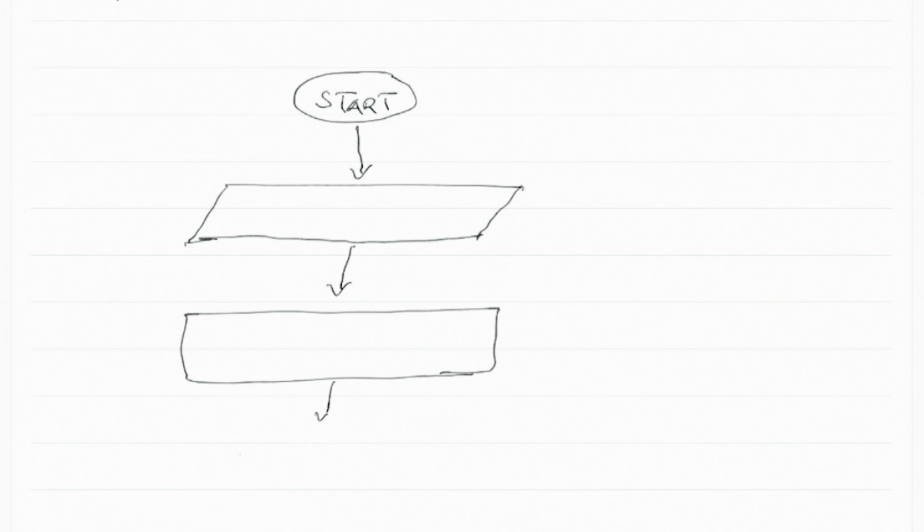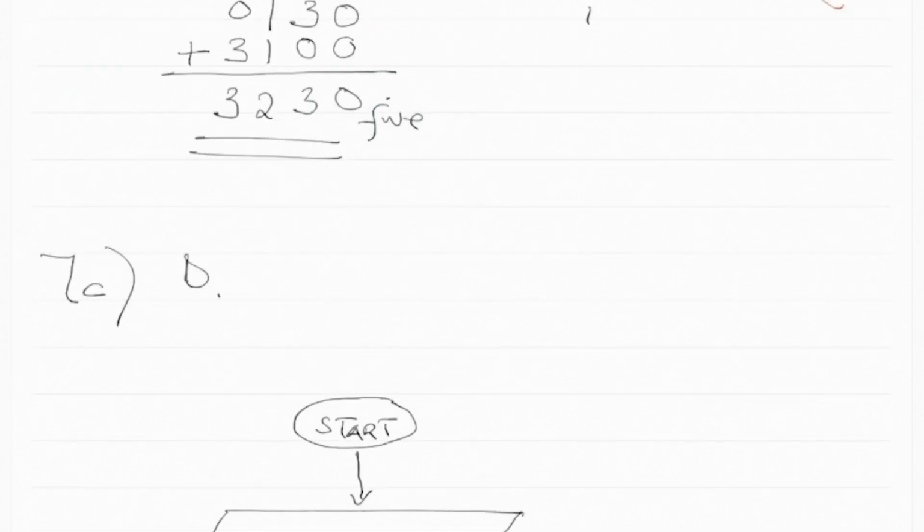There is another parallelogram there. So here the key is just to understand what these shapes mean. And finally there is an oval which is saying stop. So we have been asked to complete the flow chart below for calculating volume.